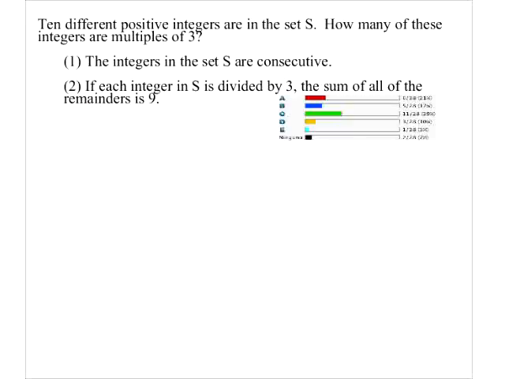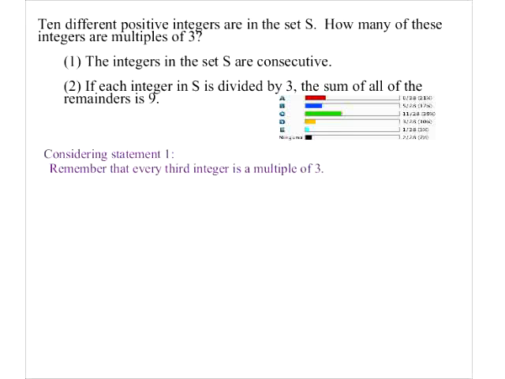So okay, you have 10 positive integers in a set. How many of them are multiples of 3? So, consecutive integers. Considering statement 1, remember that every third integer is a multiple of 3.